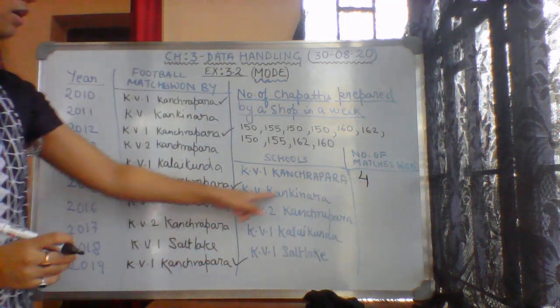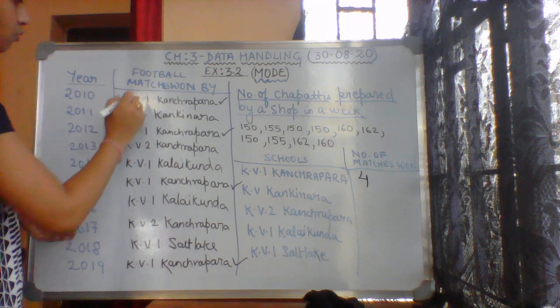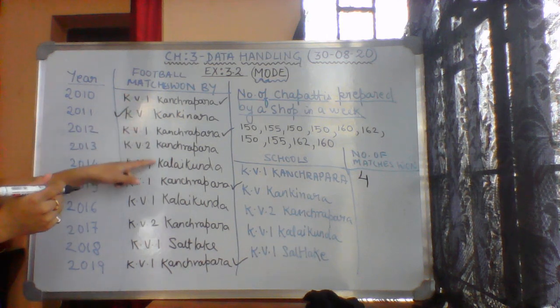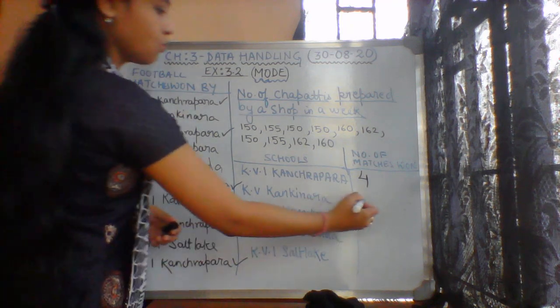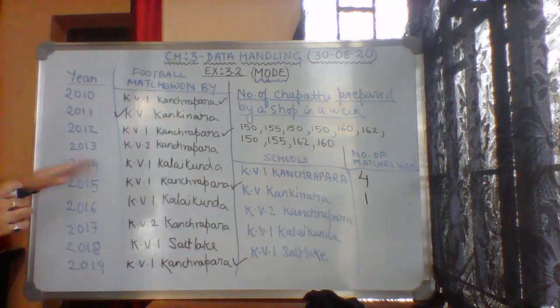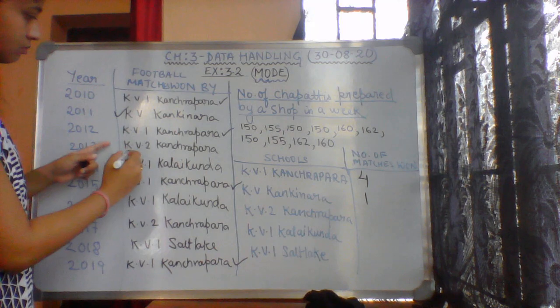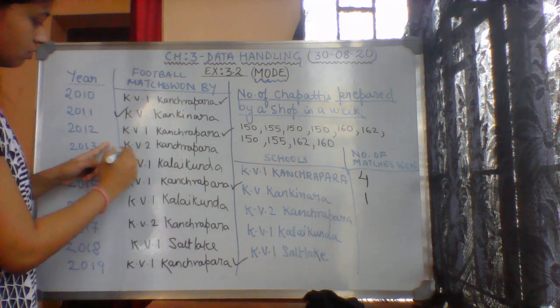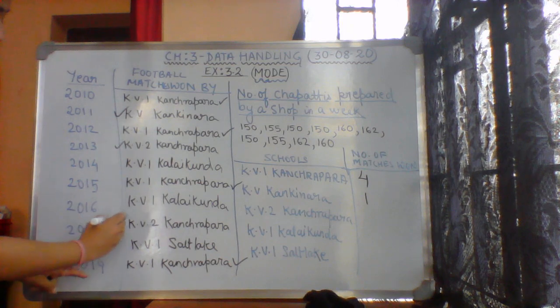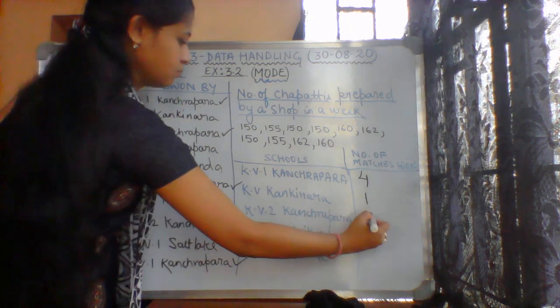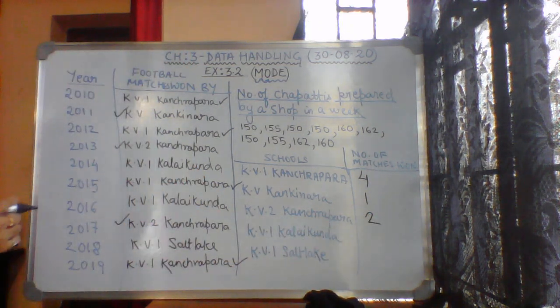Now KV Kakinada. This one 1, no more. Okay, so 1. KV2 Kachrapara? This one 1, 2. KV1 Kalaikunda.